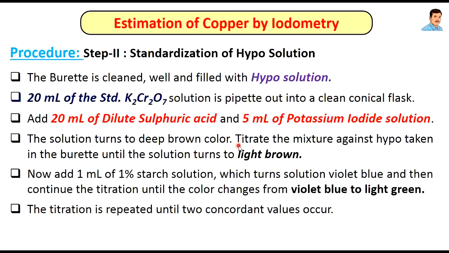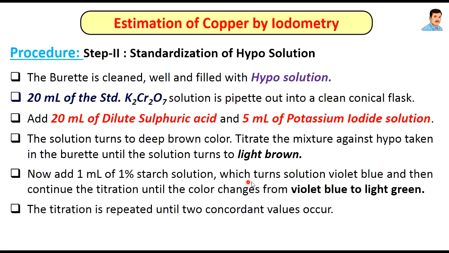Now this deep brown colored solution is titrated with the hypo solution until the solution color is changed from deep brown to light brown. When the solution is turned into light brown, we have to add the indicator, 1 ml of 1% starch.